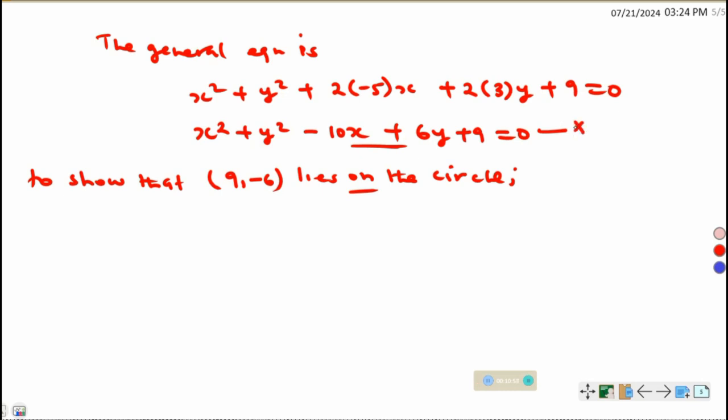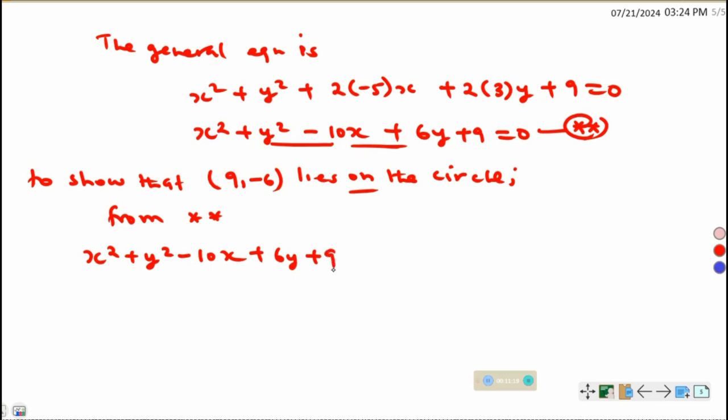So if we call this equation star star, we can have x squared plus y squared minus 10x plus 6y plus 9. Let us substitute this point here, 9, negative 6.